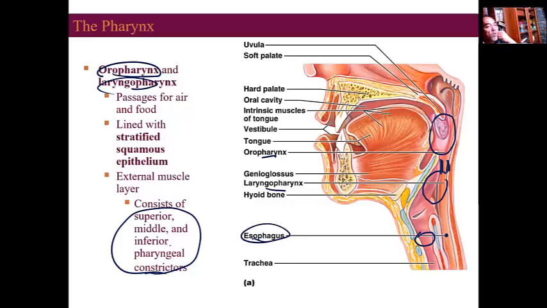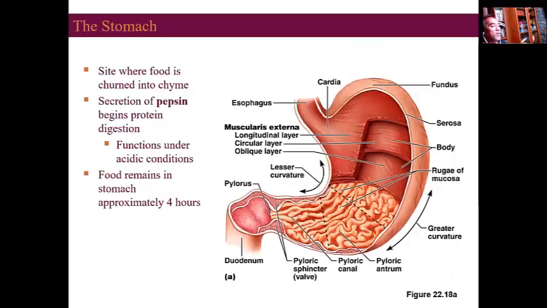Whenever you push the food with your tongue to the back of the pharynx, the swallowing process starts, in which the throat is pulled by the hyoid bone and the esophagus is pulled along with it. So the muscles located at the upper portion of the esophagus will then grab the food and push it down into the esophagus. So these are the different sections between the pharynx and the oral cavity, and the pharynx and the larynx.